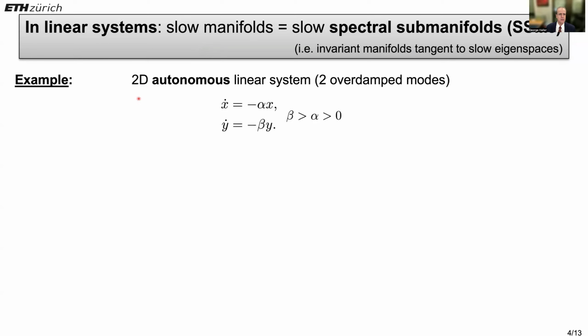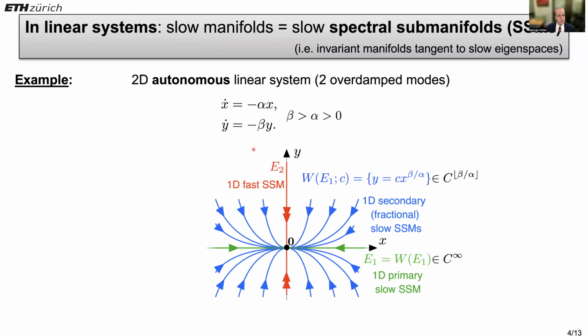I just give you the simplest example of a planar differential equation, a two-dimensional node. The y direction decays faster than the x direction, so beta is larger than alpha. You can think of this as a toy model for two overdamped modes, for the amplitudes of these modes. And then this is the phase portrait. So in the x direction, the x axis is a spectral subspace. It's a fancy term for just this invariant line, but in this example, it's just a line.